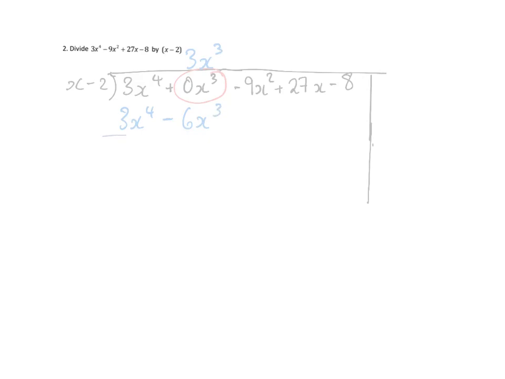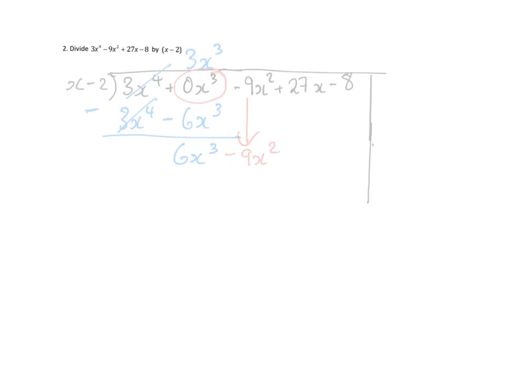Notice how all the powers are lining up. That's why we had to add in that 0x cubed. Subtract, that's gone. And then you get 0, take away minus 6x cubed, and you get positive 6x cubed. And then you are going to bring down the next thing, which is minus 9x squared.